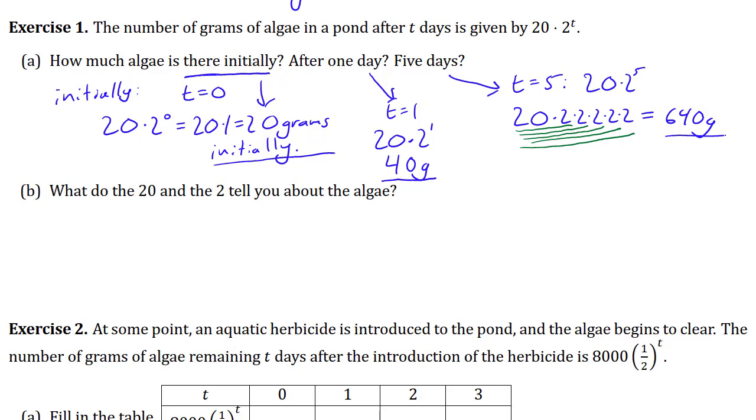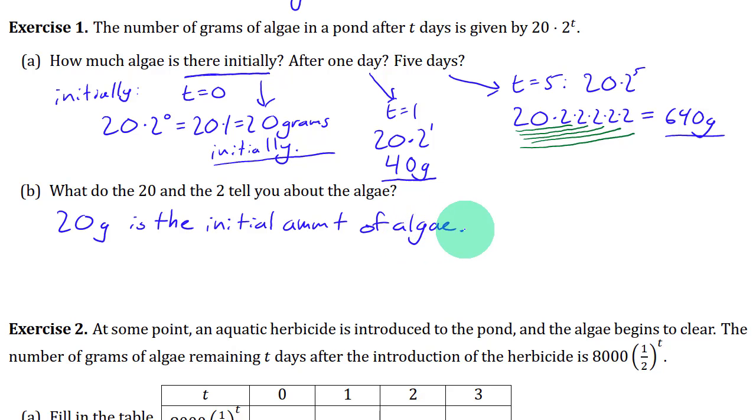Okay, so what does the 20 and the 2 tell you about the algae? Well, the 20, that's what we got as our initial value. So 20 grams is the initial amount of algae in the pond. And what does the 2 tell you? Well, every time 1 day goes by, the exponent is going to go up by 1, which is another multiplication by 2 that happens.